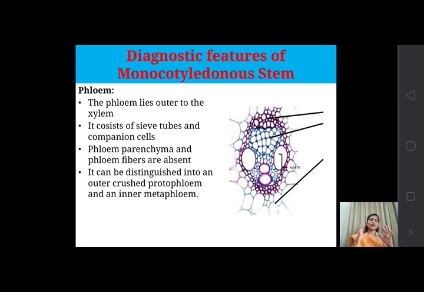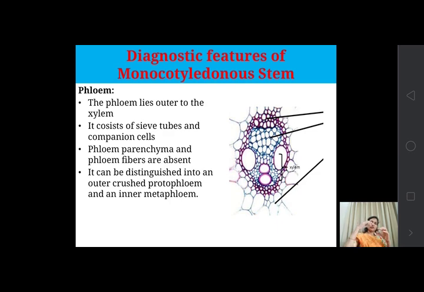Okay, so let's have a quick look at the diagnostic features of the monocotyledonous stem. A typical monocotyledonous stem shows the following characteristics that we have discussed from the start. The stem is somewhat circular, that is the outer epidermis is circular in shape, and it shows some depressions.